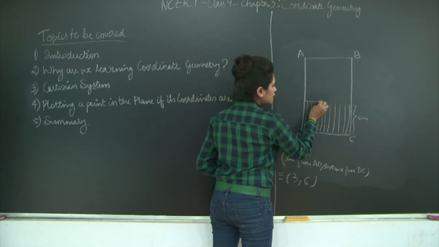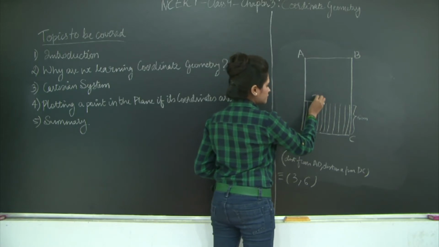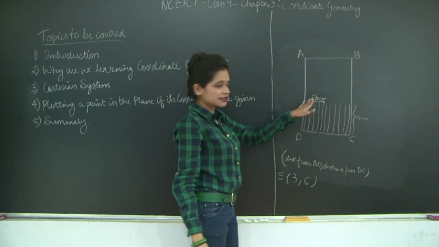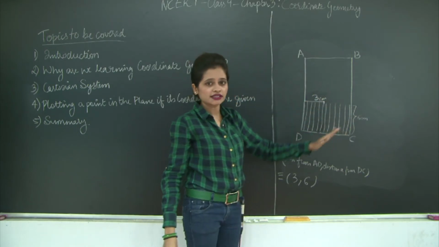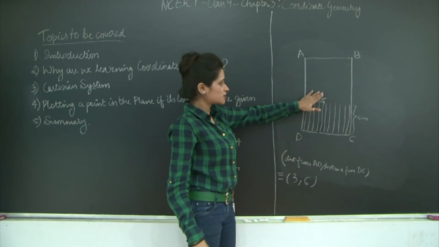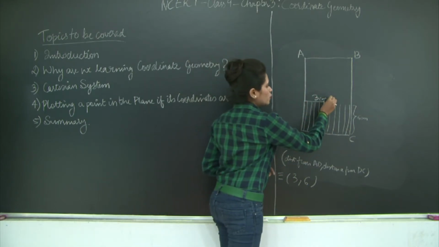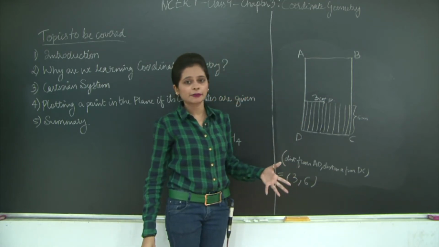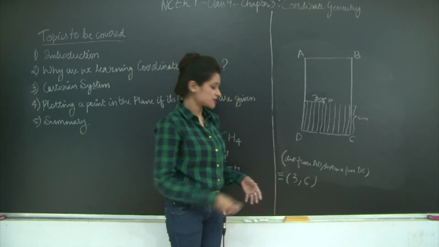So your 3 centimeters would come over here, let's say. This is not exactly 6 centimeters and this is not 3 centimeters, it is 3 units, but I am giving you examples in centimeters so that you can draw this in your books. So you have therefore located your point P. Isn't that simple? So again, this is another example where coordinate geometry is used.